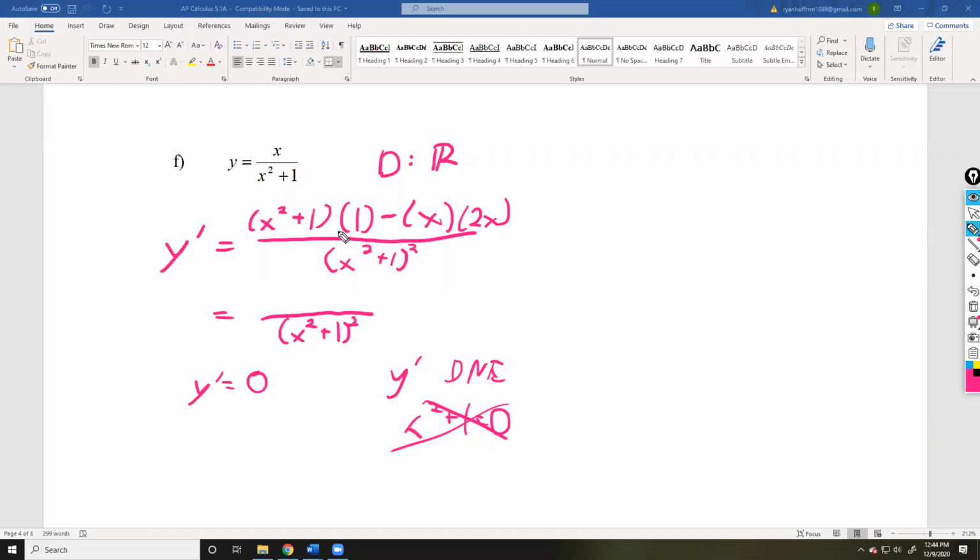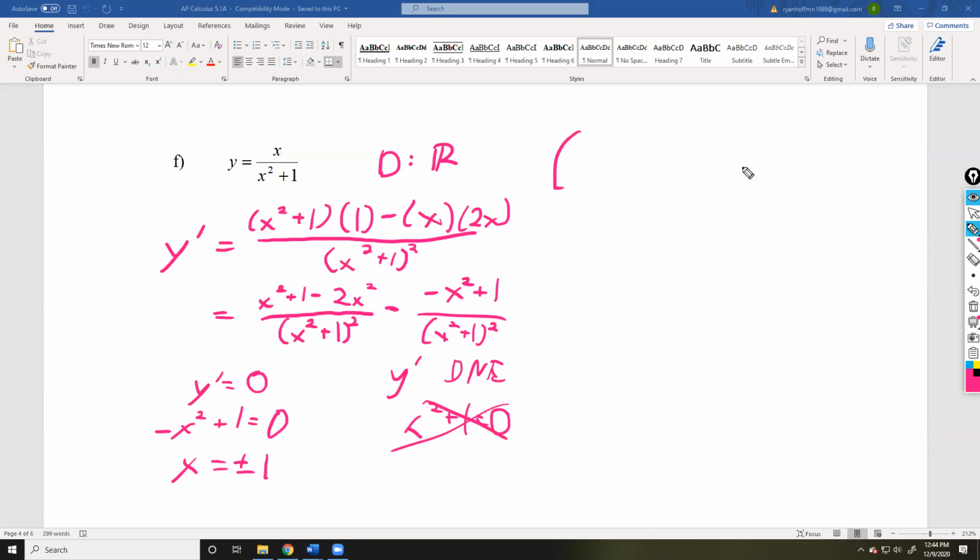So x squared plus 1 times 1, minus 2x squared, equals negative x squared plus 1 over x squared plus 1 squared. So when does negative x squared plus 1 equal 0? If you solve this, that's at x equals plus or minus 1.